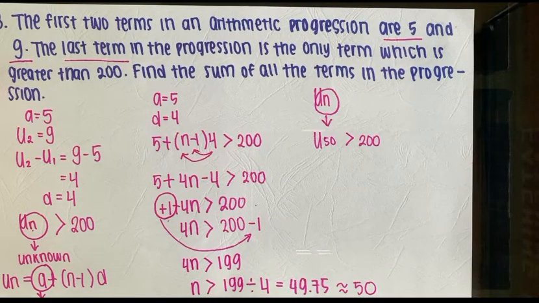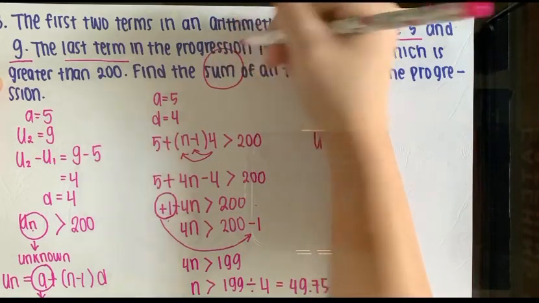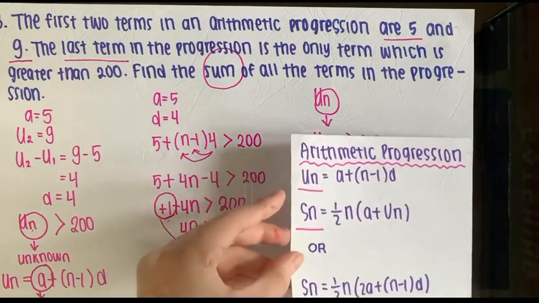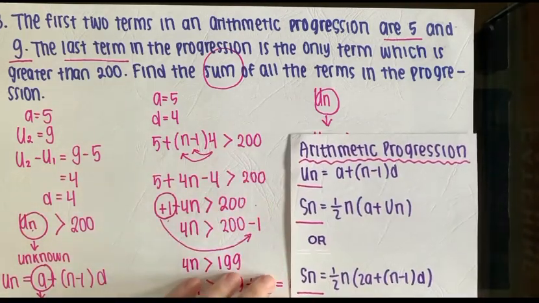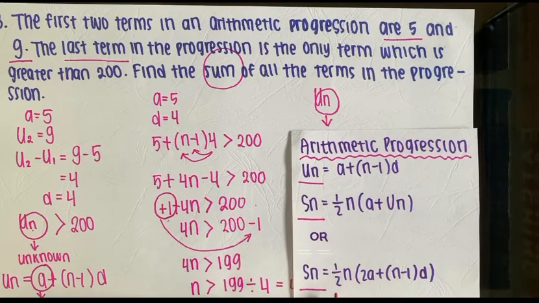Shifting back to the third sentence in the question, we are supposed to find the sum of all the terms in the progression. We're not supposed to find which term is more than 200. That means we don't just stop here. We continue. Bringing back the formula, we can see that to find the sum of the terms in the progression, there are two alternatives.